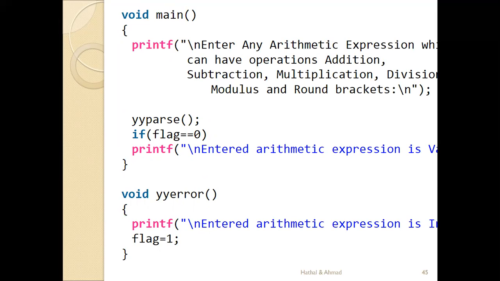If the flag is equal to 0, that indicates the input entered by the user is a valid expression. Whenever the flag is equal to 1, it indicates an invalid expression. To report this invalid expression, the yyerror function is defined.